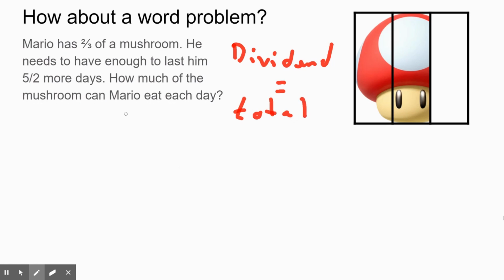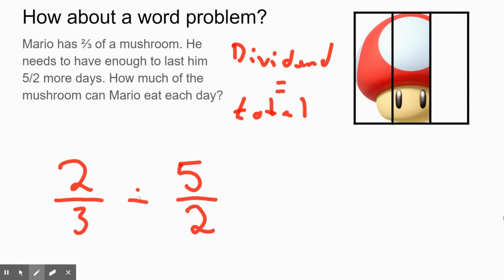as the total. So if we look at the two values that we have, only one of those can actually be a total. So we're going to say that he has a total of 2/3 of a mushroom. That means that the divisor has to be 5 halves. We will write that here as our second value.